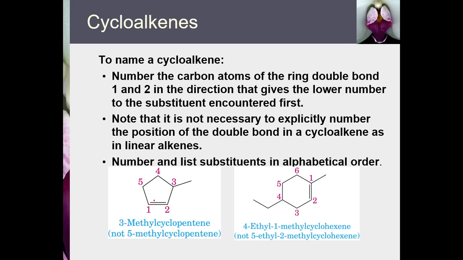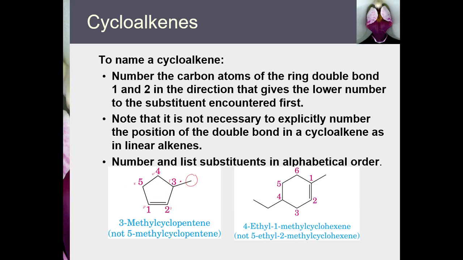So this one is yung double bond is between 1 and 2. So meron kayong direction na pwede kayong clockwise or counterclockwise. So if you use the counterclockwise direction, you will encounter the substituent here. It's a methyl at carbon position number 3. Pero if you use the clockwise direction, you'll start here at this will become 1, this is 2, 3, 4, 5.